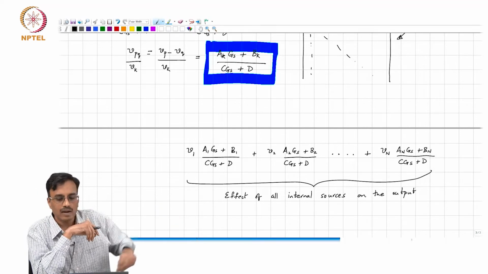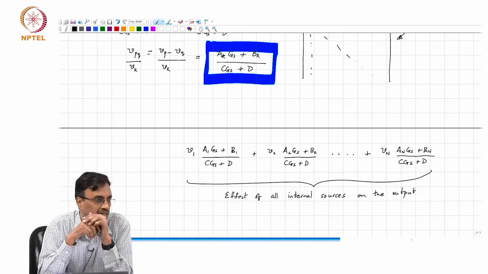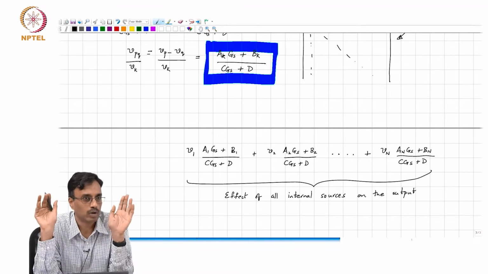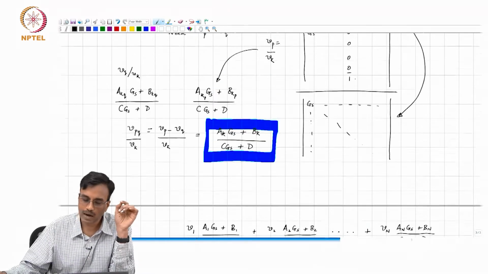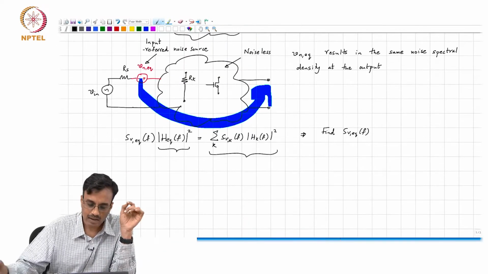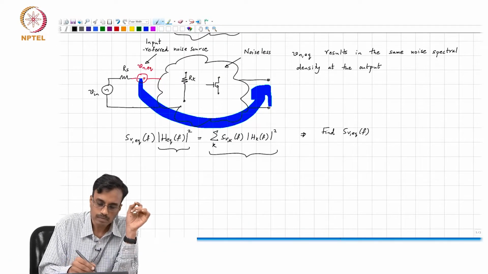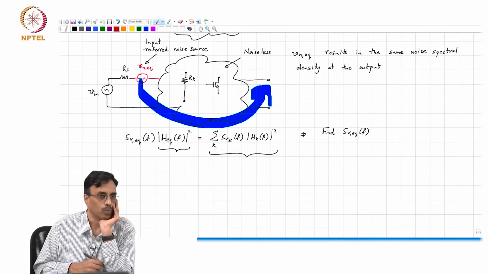Okay. And we'd like to find what that equivalent input source is, which will have the same output, correct? So we need to find the transfer function from V equivalent to the output.